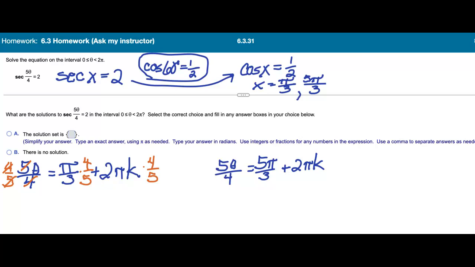So now what I have is theta is equal to, multiplying this together, 4 pi over 15 plus, and multiplying this together, that's going to be 8 pi over 5 k.